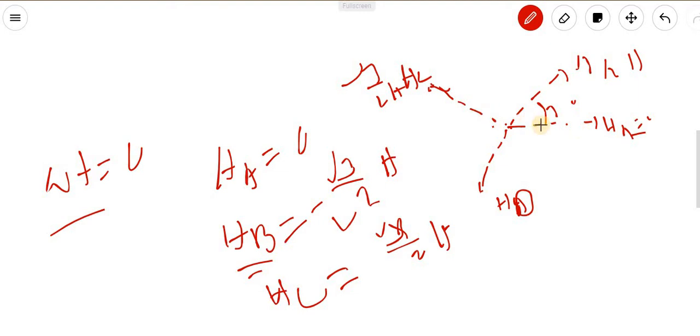This and this total 120 degree. So between this and this, how much angle? This is 60 degree, and between this and this also 60 degree. So what will be the resultant for this and this? We will be getting the resultant in this way.